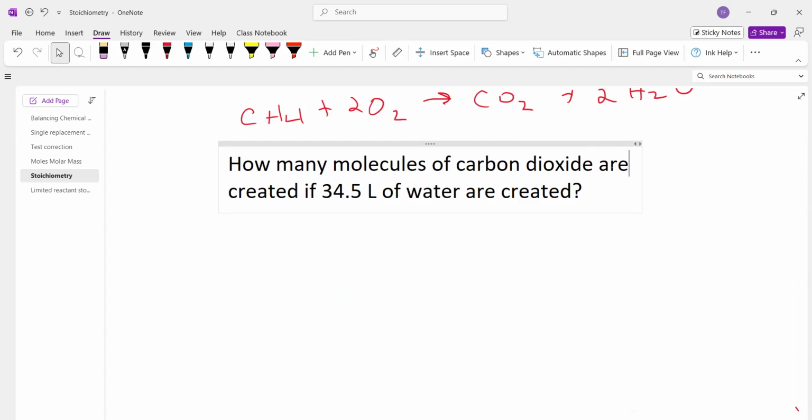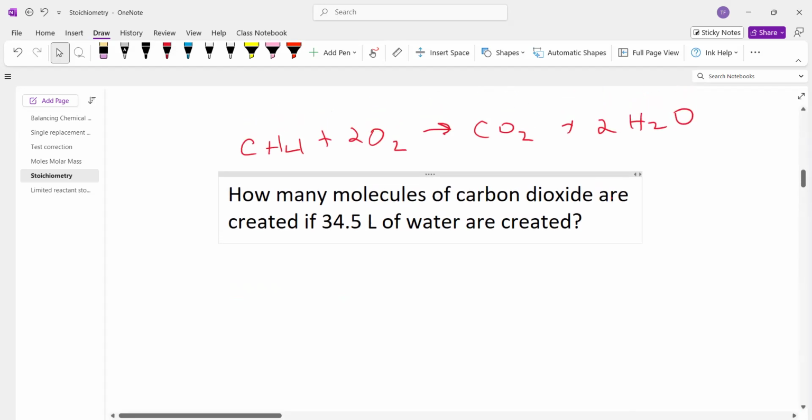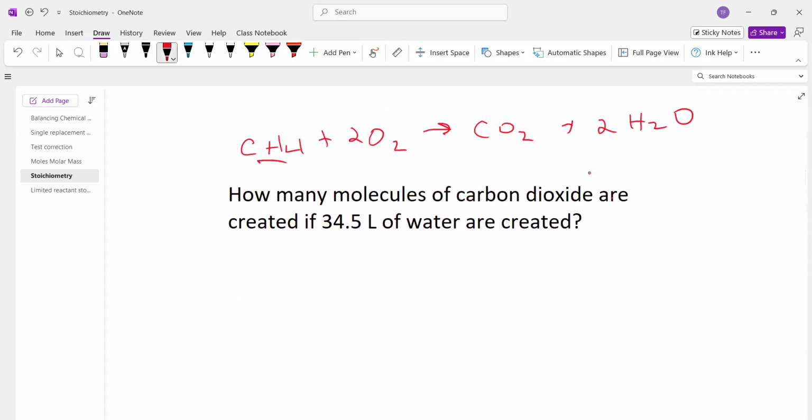Notice I said created twice. That means everything is on the right side of the equation. So this is the equation again, balanced. We have methane burning in oxygen, creating carbon dioxide, creating water.